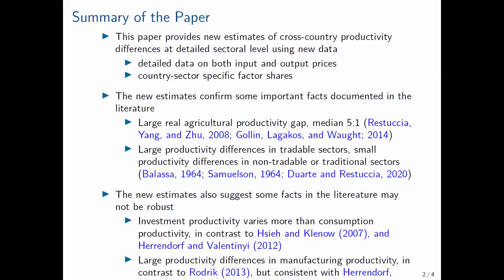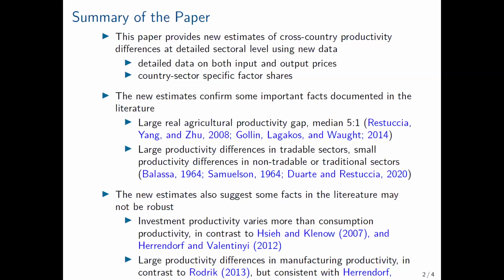Whenever there's a new estimate that comes up, I'm always very nervous. The things that we have been working on, the facts that we build our models on, are they still true with the new measurement? With this new round of measurement of sectoral productivity differences, there are facts that are confirmed.